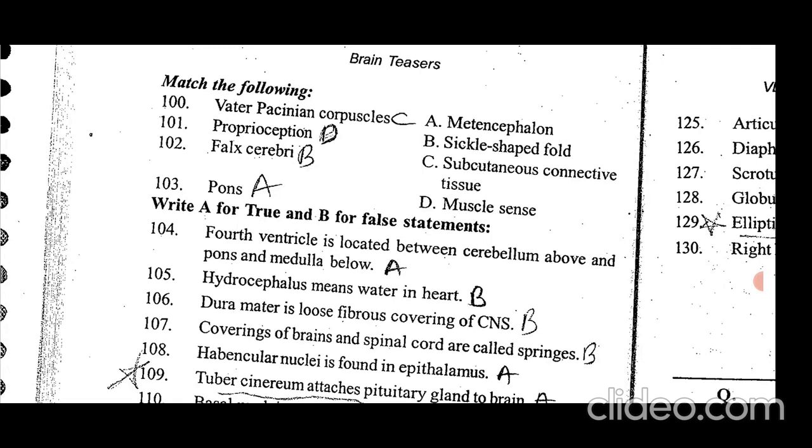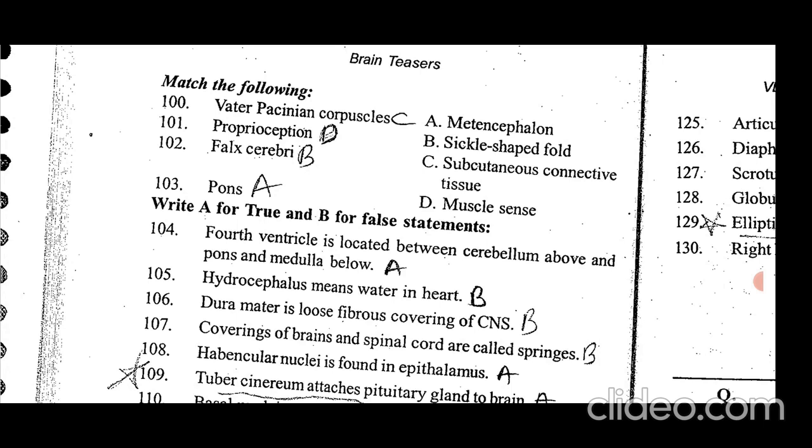Falx cerebri is a sickle-shaped fold, and subcutaneous connective tissue has Vater-Pacinian corpuscles.